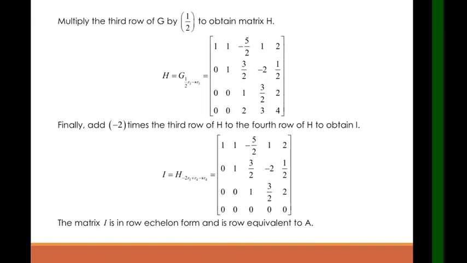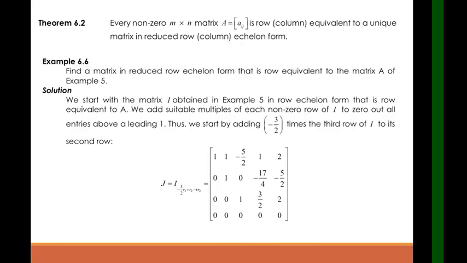Negative 3 over 2 times 2 is negative 3 plus 1 half. So, 1 half, negative 6 over 2, right, negative 5 over 2. Okay, so negative 5 over 2 is the answer. Now, we have one 0.